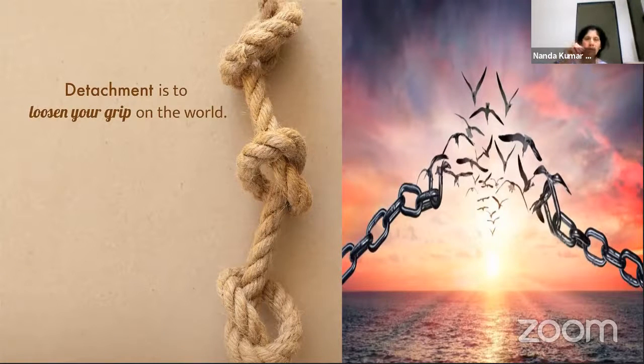So with that consciousness of being under the surveillance of Krishna, we have to work in detachment. What we have to do is loosen our grip on this world. If we are too attached over here, it will be very difficult to connect with Krishna. So Krishna is telling us, see, I am your best friend. Suppose there are certain people who don't really care for me, but I hang out a lot with them. But all of a sudden I come to know that there is someone who really, really cares for me. What do I have to do? I have to turn my attention to the person who cares for me more.